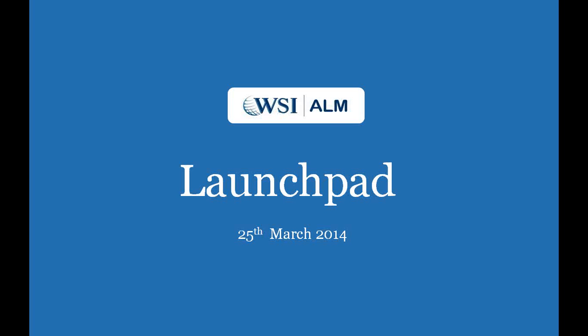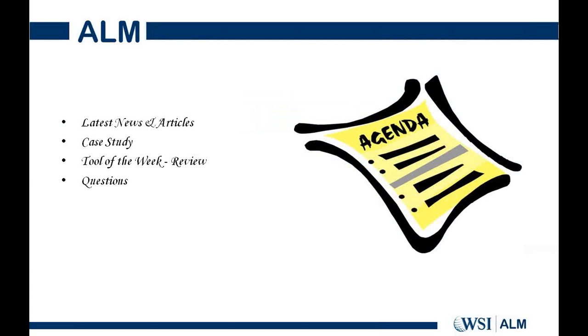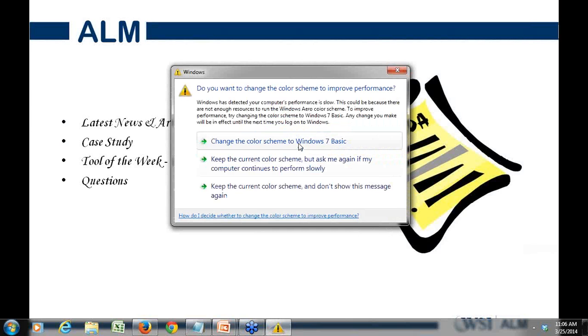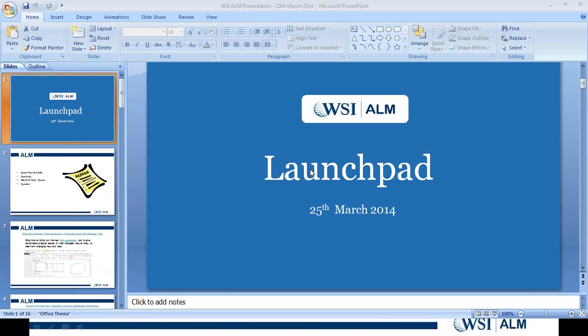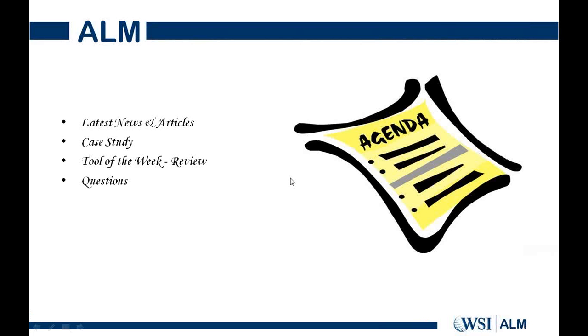All right, great. So again, for all of you that are not joining up for the first time, you're quite aware of the format that we follow in our Launchpad webinar series. We start off with the latest news and events that we cover for the week, and we follow that up with a case study. Armando's got a really nice case study lined up for this week. It's an SEO case study for one of our clients, and we got some good traction in the campaign quite early on. As a matter of fact, in the first couple of months of the campaign itself.